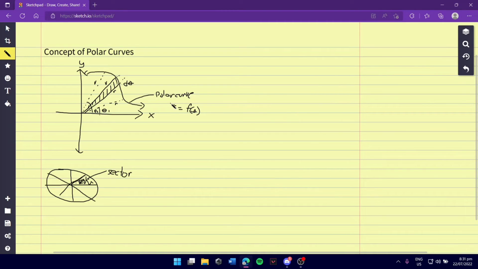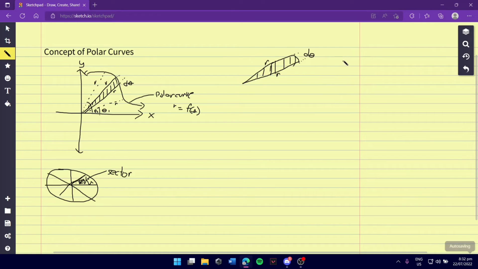So next, like in the area, we will remove our sector and put it right here. Like that. This is now your sector. Then after that, we'll label it. This is your r. This is your r, and then the thickness is your d theta.